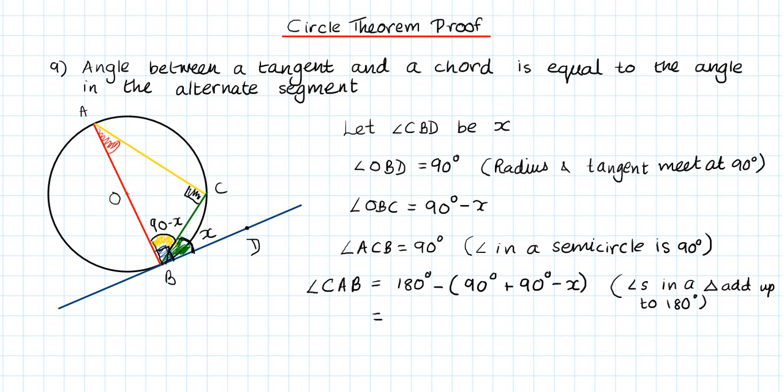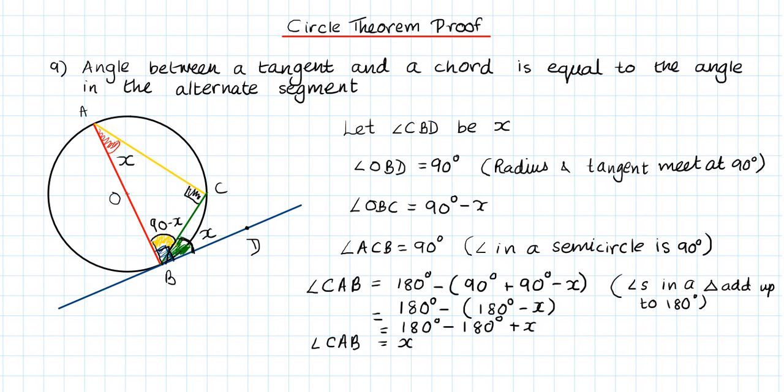That gives us 180 degrees minus, simplifying, 180 degrees minus 180 plus x when I open the brackets, which means angle CAB is equal to x degrees, which is the same as our first angle, angle CBD. So that's x and this is x.